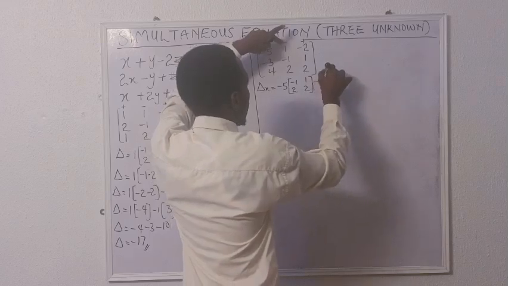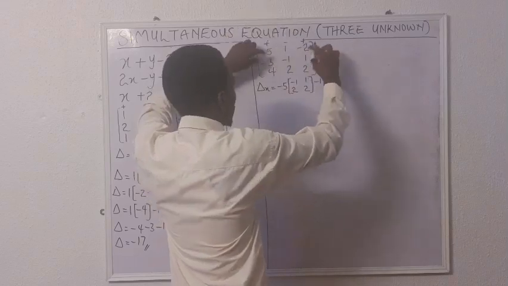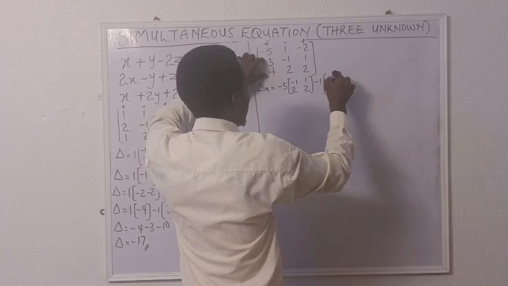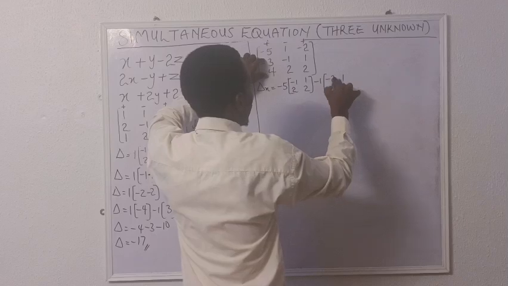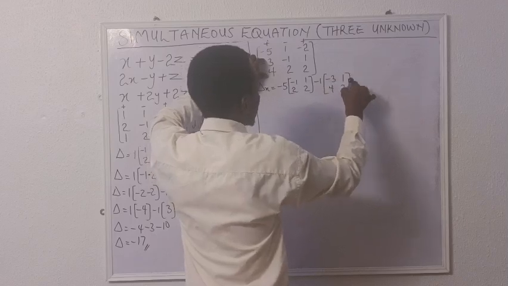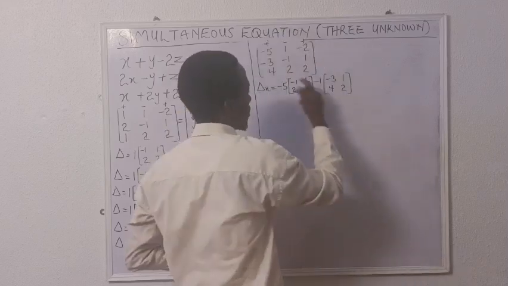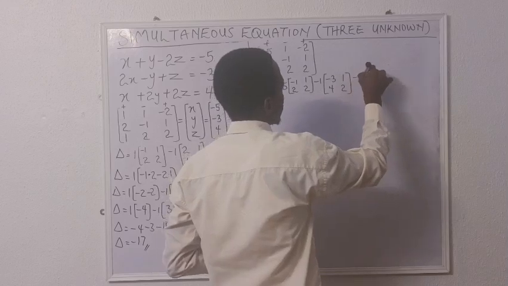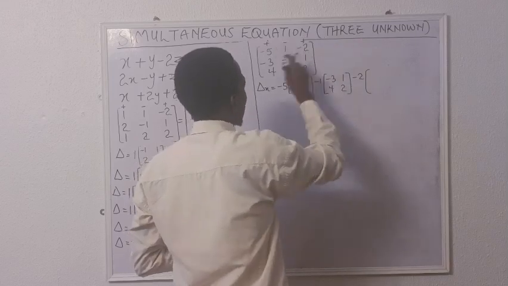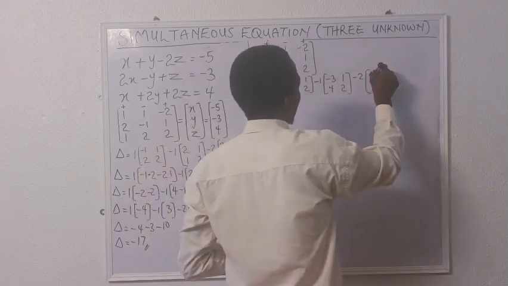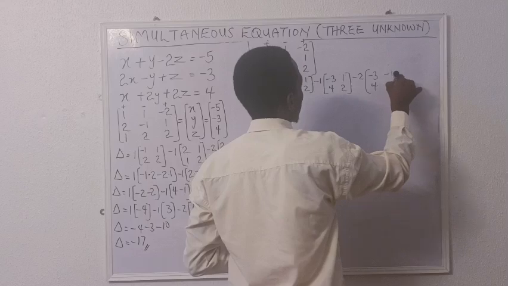Minus 1 also. If I strike out its column and its row, what am I left with? I'm left with minus 3, 1, 4, 2. And the last one is going to be what? Plus minus 2, which is going to give us a minus 2 also. If I strike out its column and its row, what am I left with? I'm left with minus 3, minus 1, 4, and what? 2.